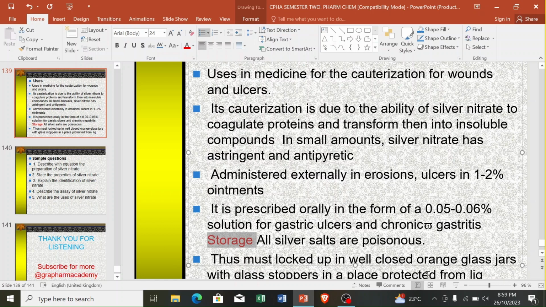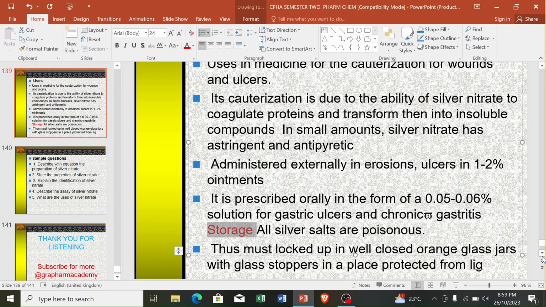Like I said earlier, it is sensitive to light, and because of that it turns black when exposed to light. So it must be locked up in well-closed orange glass jars with glass stoppers in a place protected from light.